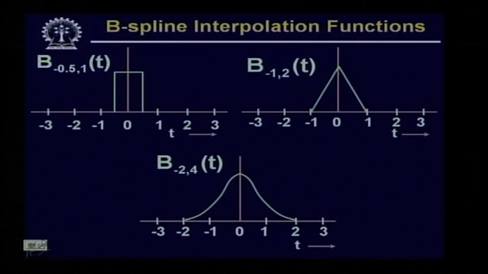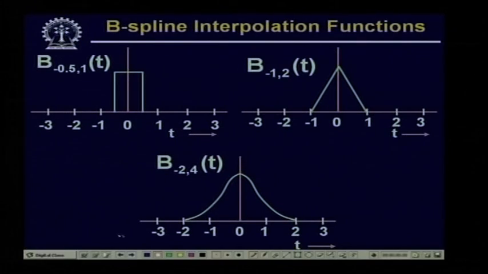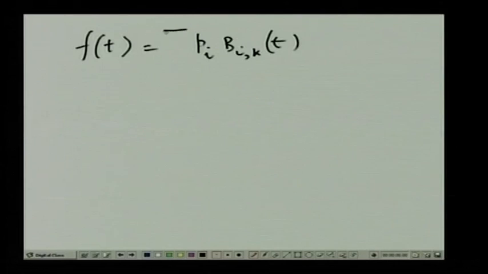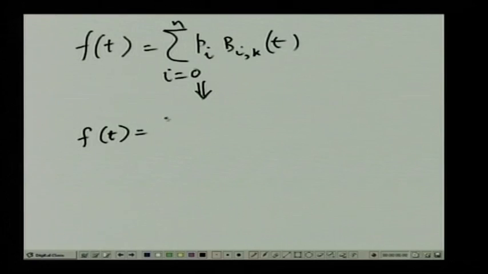So, what is the modification that we can think of? The kind of modification that we can do in this case is, instead of having the interpolation as f t equal to summation of P I B I K t, over I equal to 0 to n, I will just modify this expression as f t is equal to, I will put the same B I P I, but B I will shift by some value.